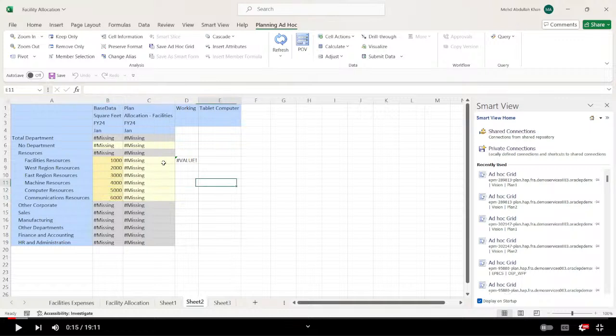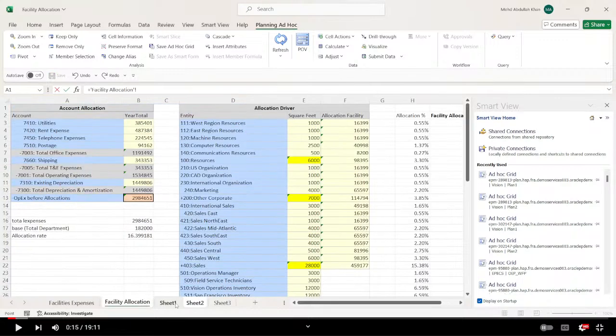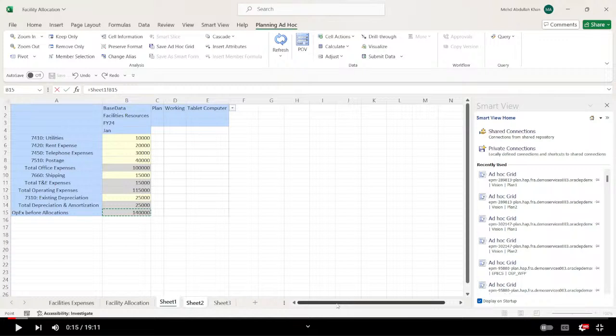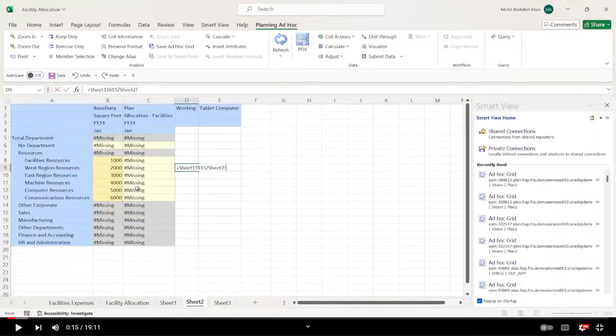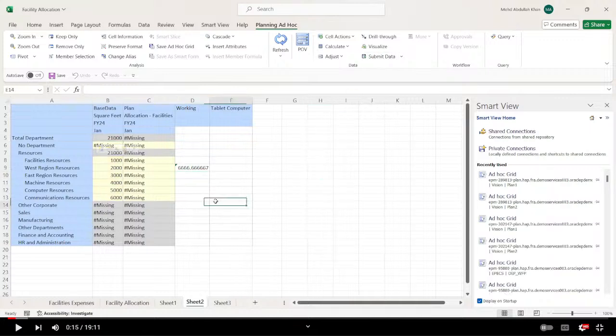Now, what result should I expect? Let's take the total expenses, that is 1,40,000, divided by total department expense into 1000. Enter. Submit data. Okay, we are expecting 666 here.